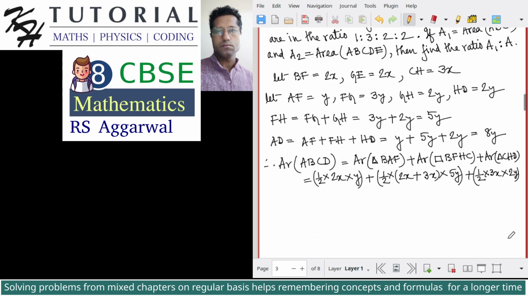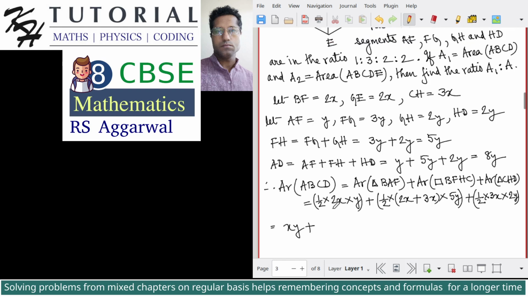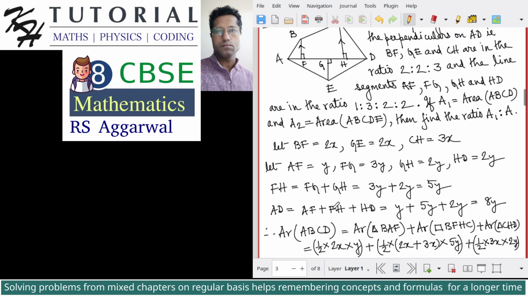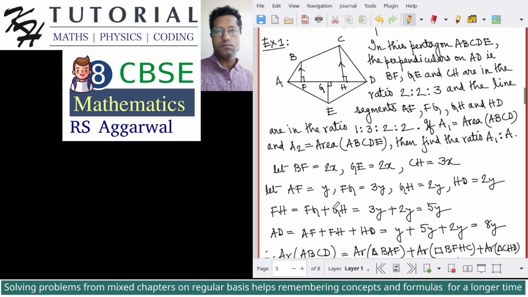So if we simplify this, the area of triangle BAF becomes xy. The area of trapezium BFHC becomes, what are the parallel sides of the trapezium BFHC?